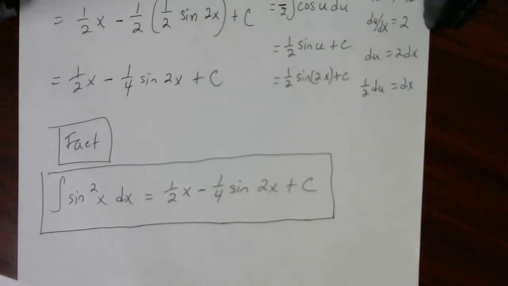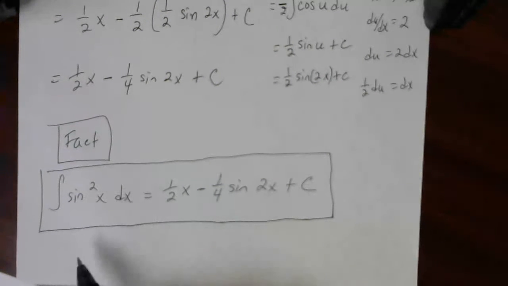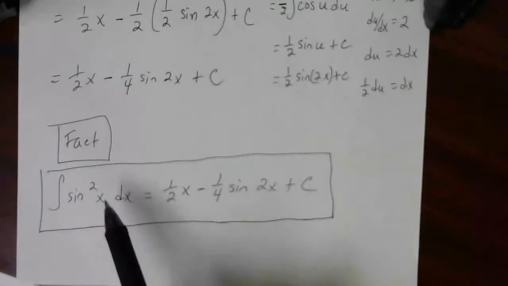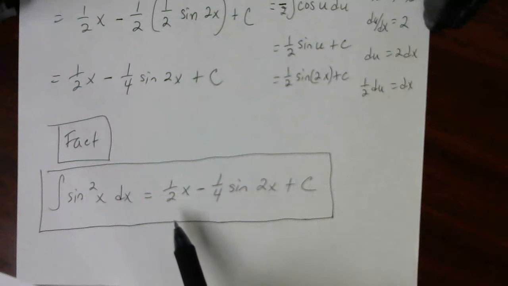So we have an integration formula for sine x, and we also have an integration formula for sine squared x dx. So if you're ever asked to integrate sine squared, this is your integral.